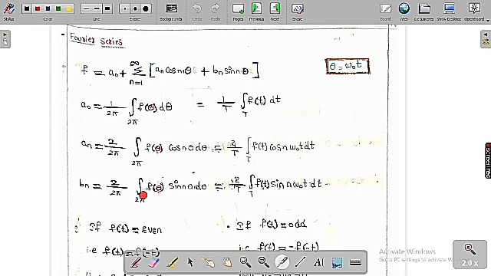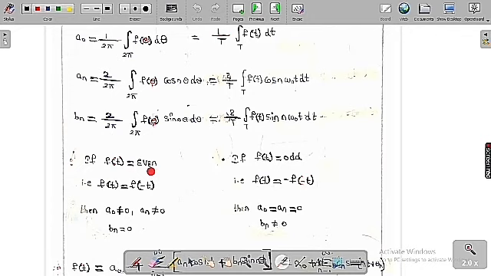Similarly, bn is equal to 2 by 2 pi integration over 2 pi of f of theta sin n theta d theta, which equals 2 by capital T integration over time T of f of t sin n omega naught t dt. This one is with respect to theta and this one is with respect to the time period T. You can go for any of these, you are going to get the same result.